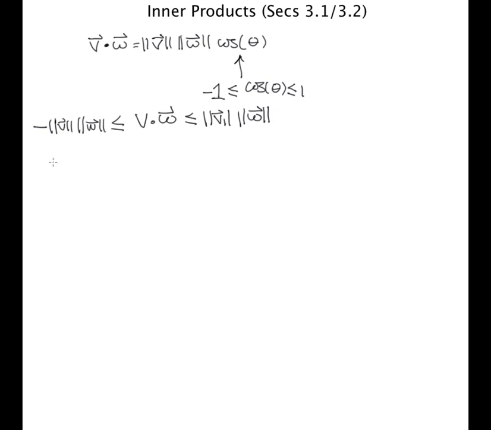So in other words, the absolute value of V dot W is less than or equal to the norm of V times the norm of W. So this is a very famous inequality, and it holds in general. So let me state that.